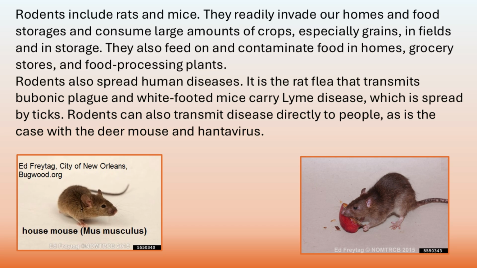Rodents also spread human diseases. It is the rat flea that transmits bubonic plague, and white-footed mice carry Lyme disease, which is spread by ticks. Rodents can also transmit disease directly to people, as is the case with the deer mouse and hantavirus.